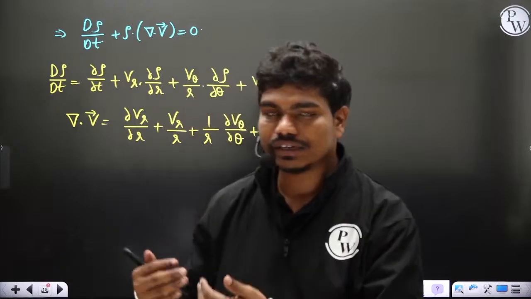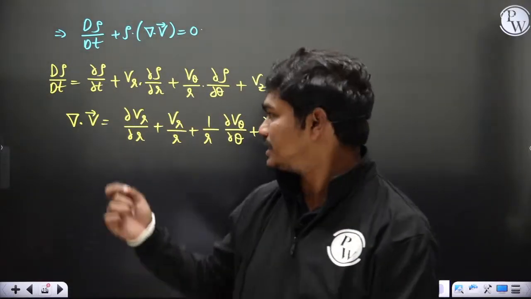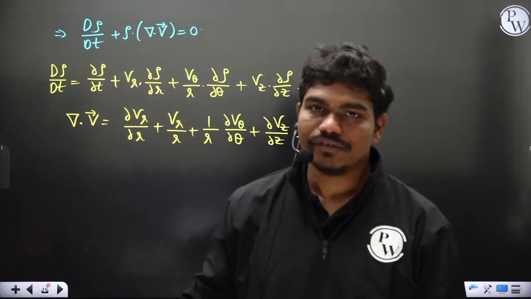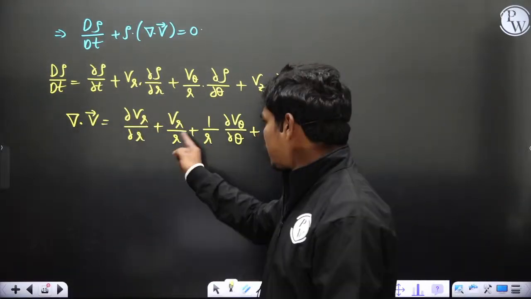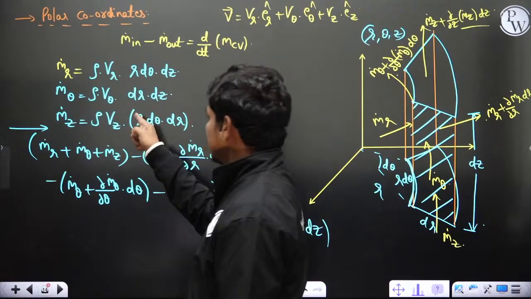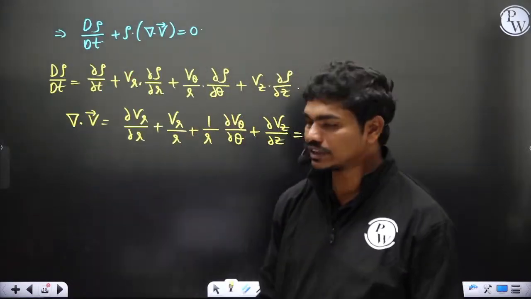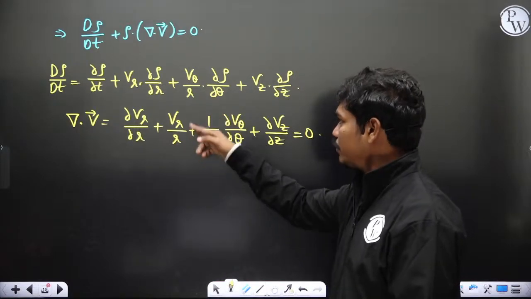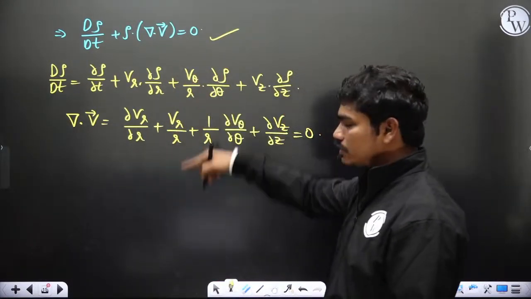If you work with matrices and do the gradient of vectors and the gradient del in polar coordinates, you can easily identify that this 1 by r comes out here. This 1 by r is basically because of the excess r in this m dot z. Anyway, we'll see that in a detailed course, but the simplification finally gives you this equation. The equation remains the same in vector form, but the components are slightly different.